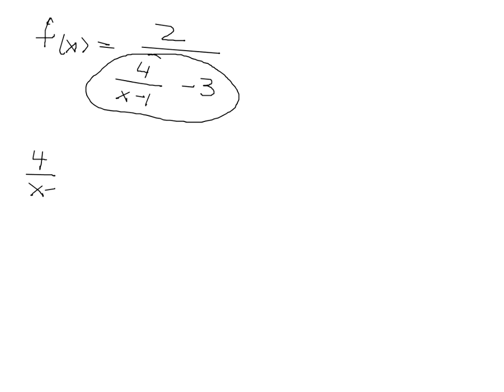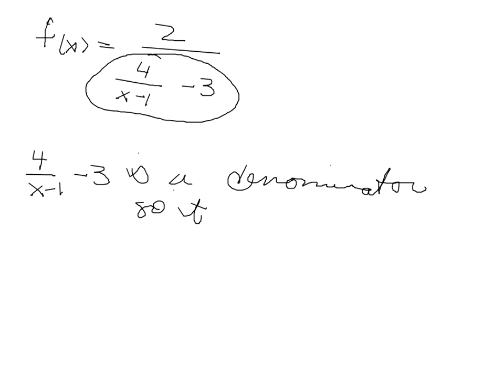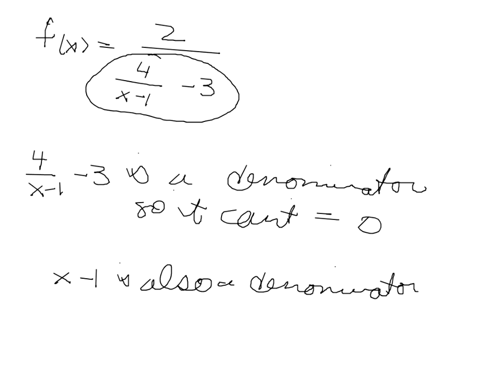This is one denominator, so it can't be 0. We have another denominator. This is a rational function, and this is its denominator. So x minus 1 is also a denominator, so it can't equal 0 either.